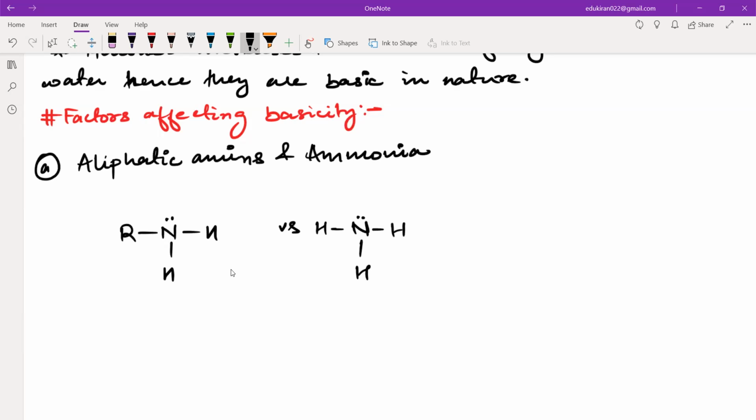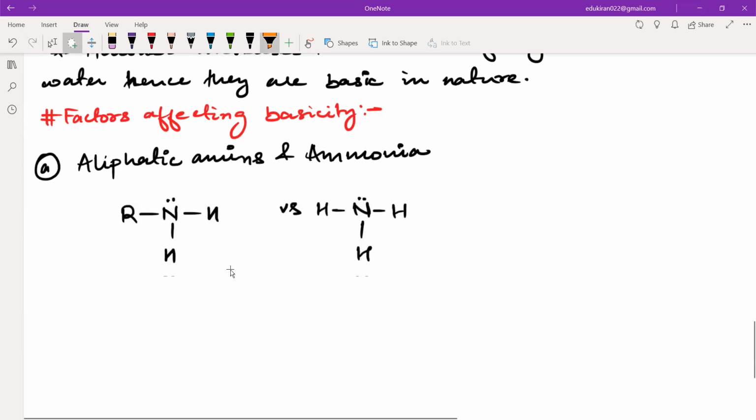Now first thing, this basic character is due to which part? This basic character is due to this lone pair, yes or no? Yes, sir.